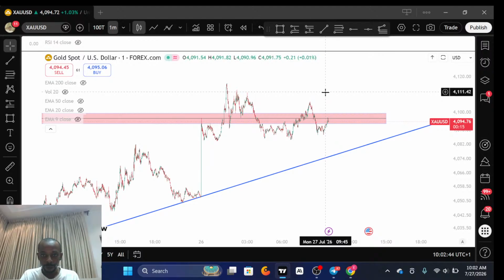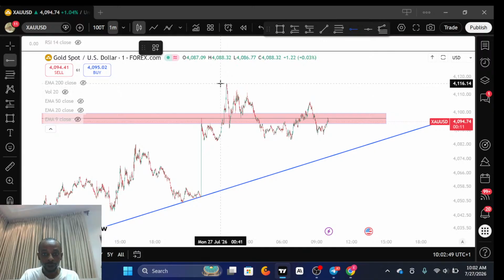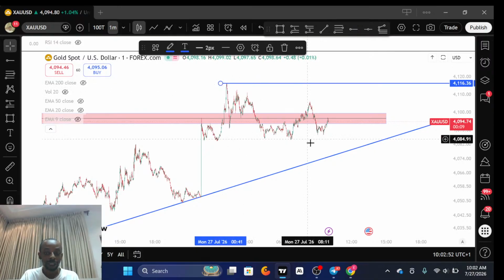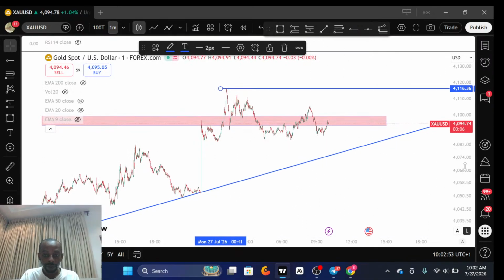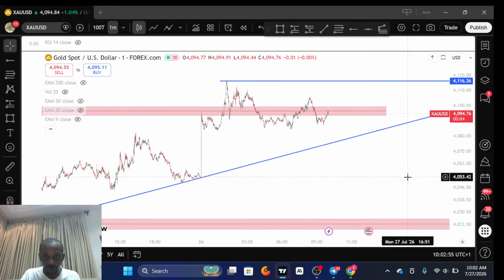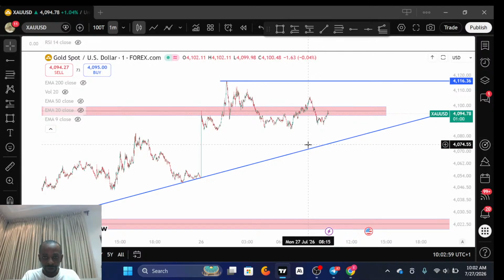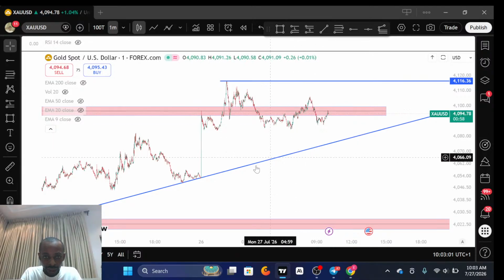So for us to be able to buy or sell in this 1 minute time frame, the market needs to break above here, 4,116, for us to buy.